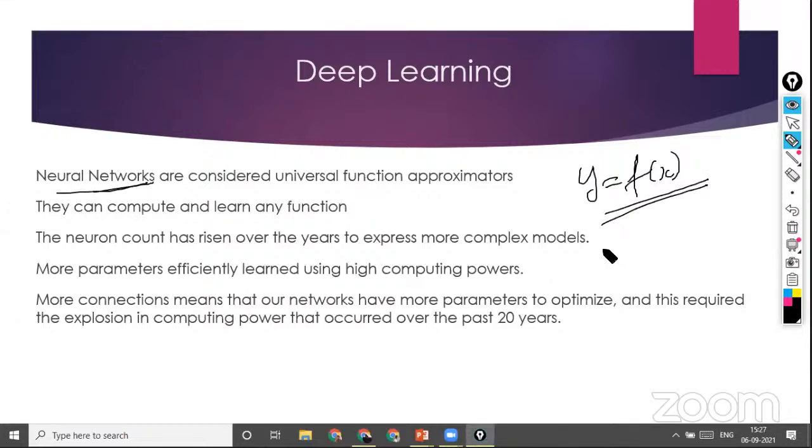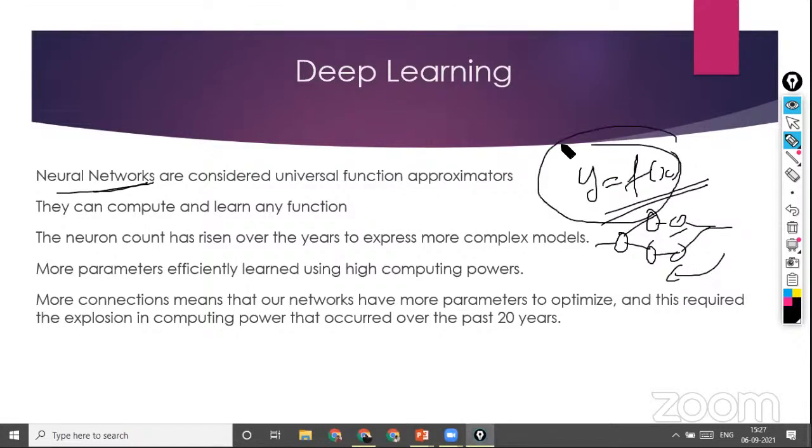A simple neural network I'll draw here, and there are algorithms like the backpropagation algorithm that will help you to learn, and finally the function approximation. The advantage of deep learning techniques is that they can actually learn any function.